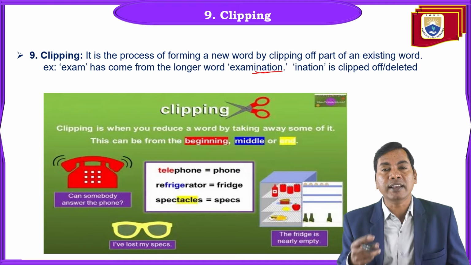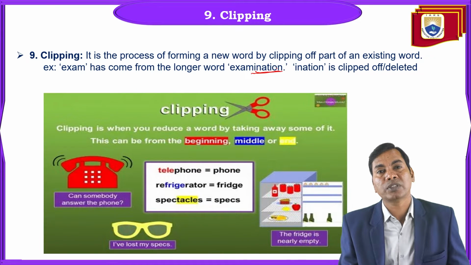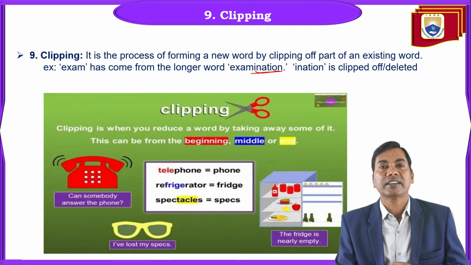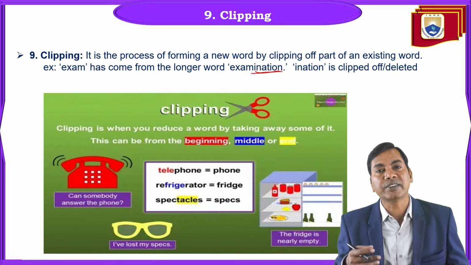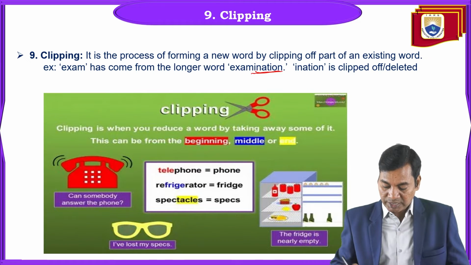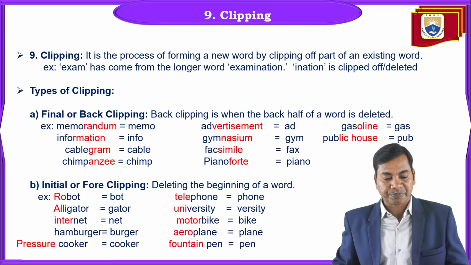By deleting the last part of the word examination, right? So clipping is a way of creating new words by cutting off the last part of the word, or removing the last part of the existing word, or deleting the last part of the existing word. Let us understand this with more examples.